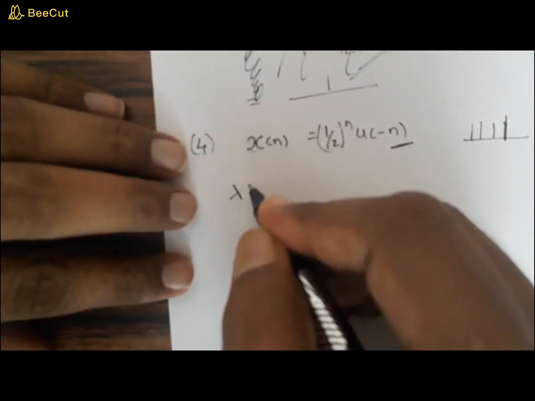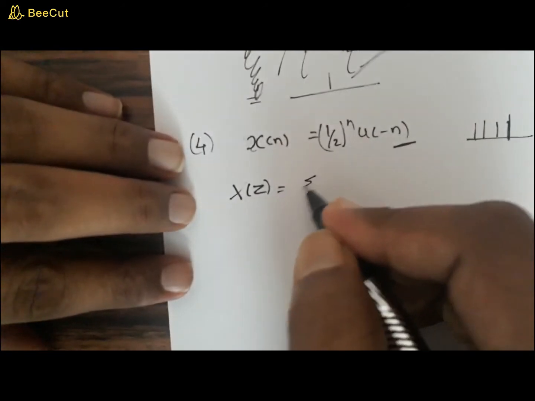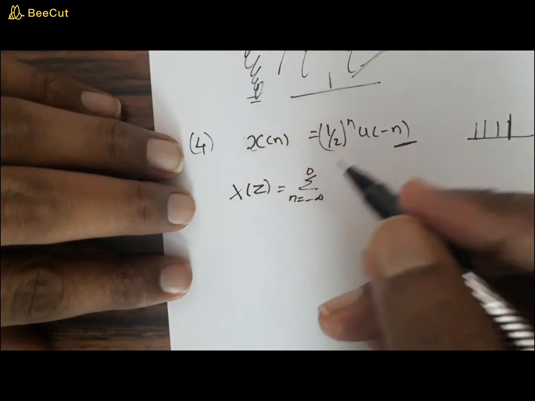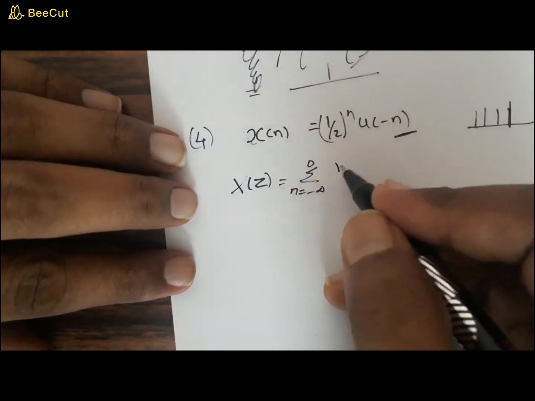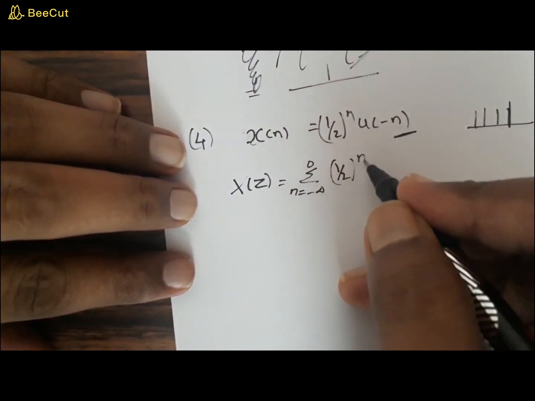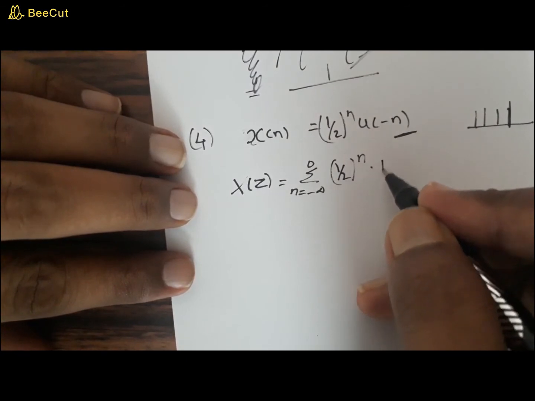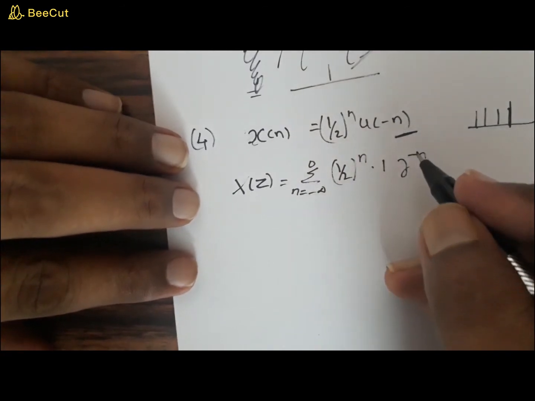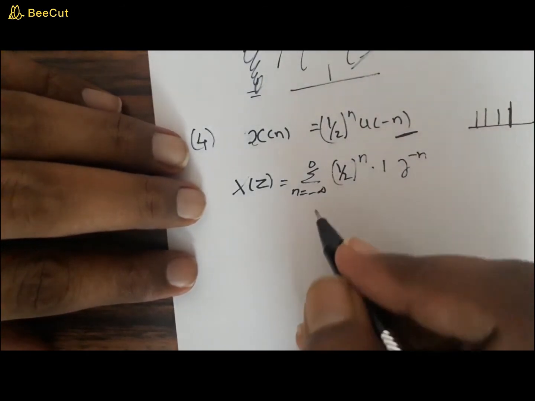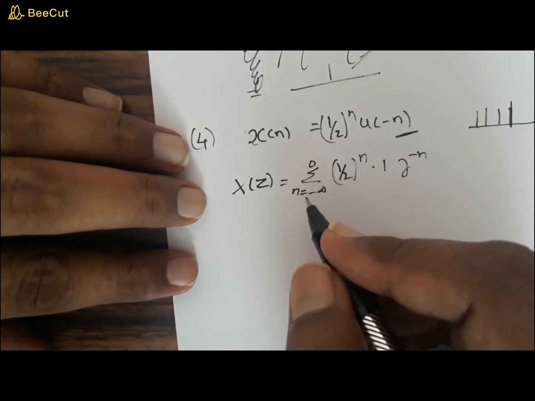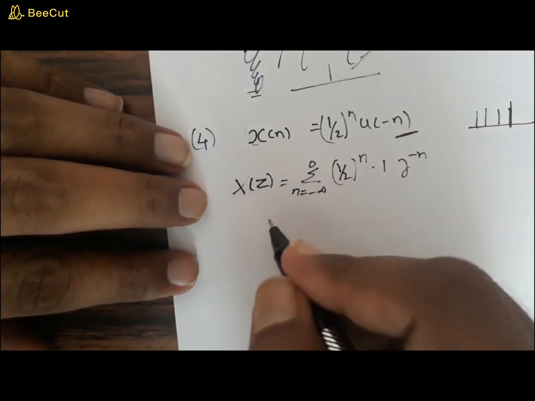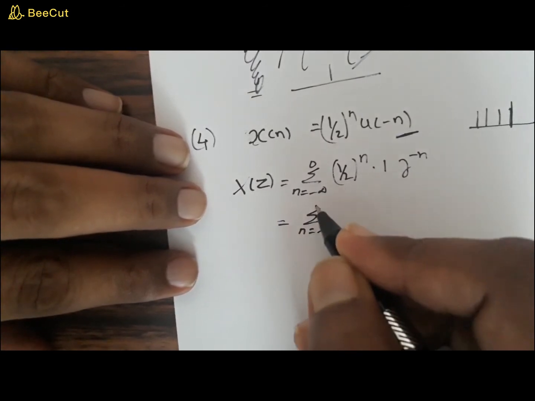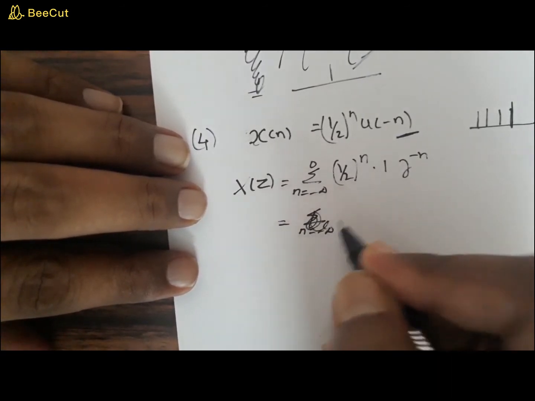Now what is the Z transform? Z transform is sigma n equals minus infinity to 0, because you will only be considering negative time, of half raised to n into u of minus n, which will be 1, into Z raised to minus n. Now you are going to expand this.